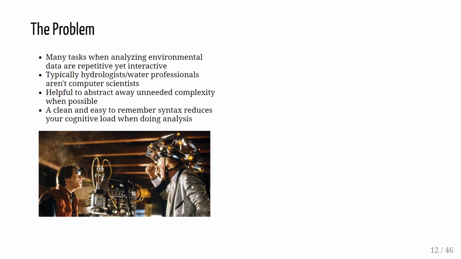So you're repeating approximately the same thing, but just changing maybe the drainage size or the discharge or something like this. That process happens over and over, but you're interactive, you're working with it.